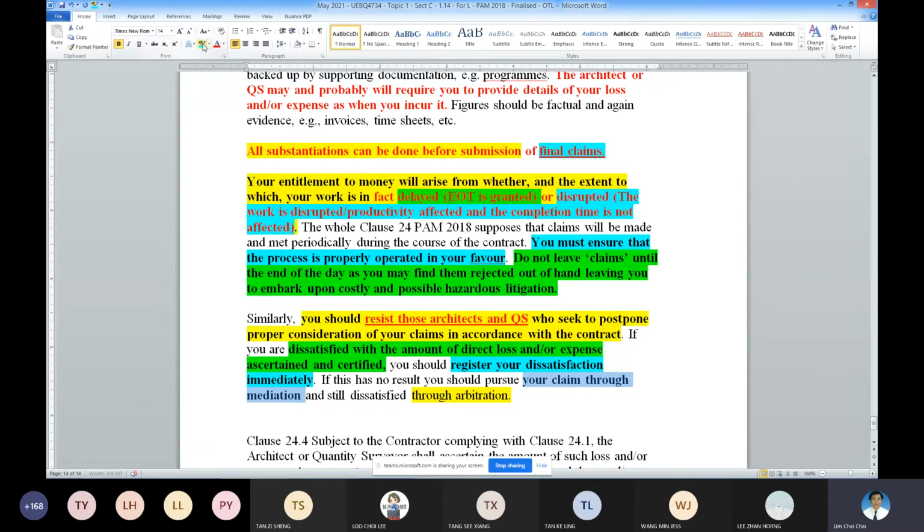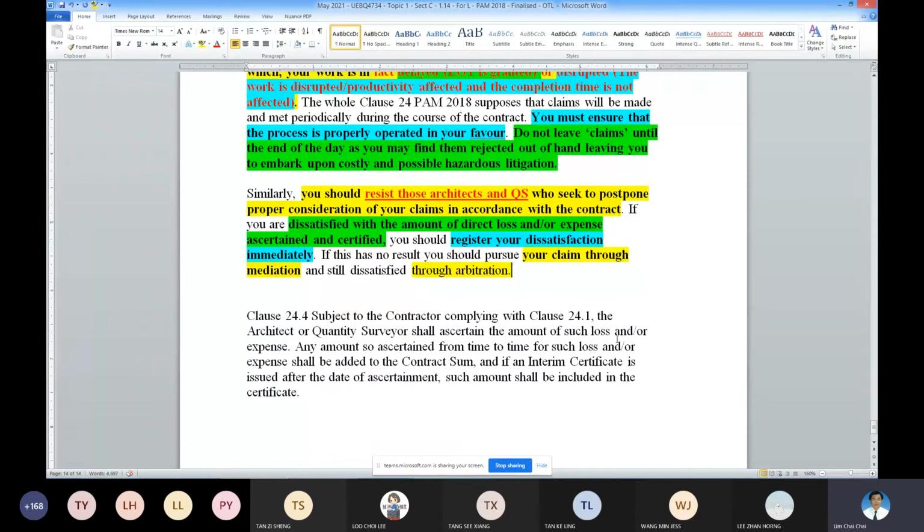Mediation is also possible, but to me, it's up to the individual. I prefer to go for immediate arbitration. Okay, so this is how this clause under your loss and expense 24 operates.